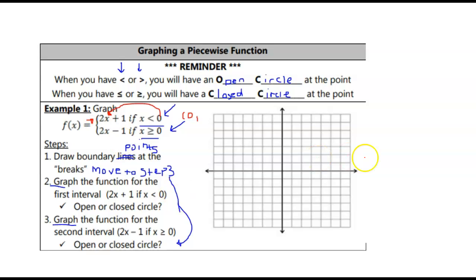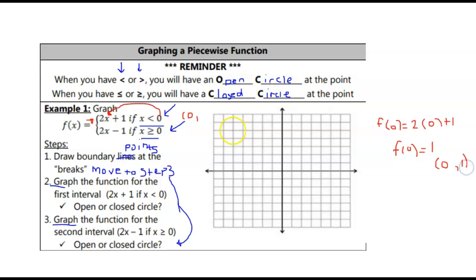I'm going to find f of 0 for my first piece, which is 2 times 0 plus 1. I figure out that f of 0 is going to be 1, right? 2 times 0 is 0 plus 1. So I know f of 0 is equal to 1. Well, what is f of 0? Well, f of 0 is just y. So I know at the point 0, I will be at 1.